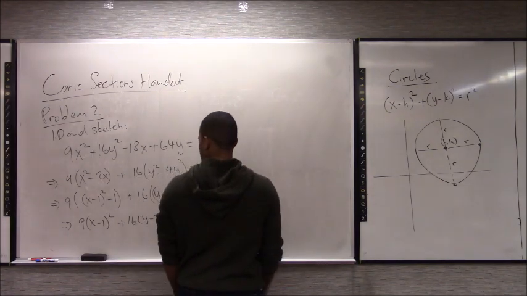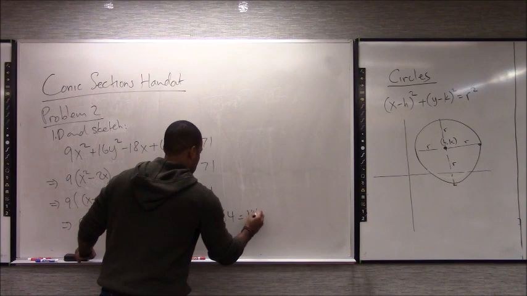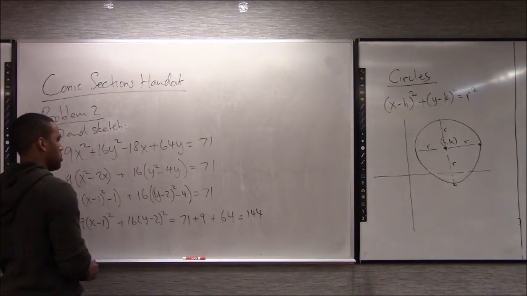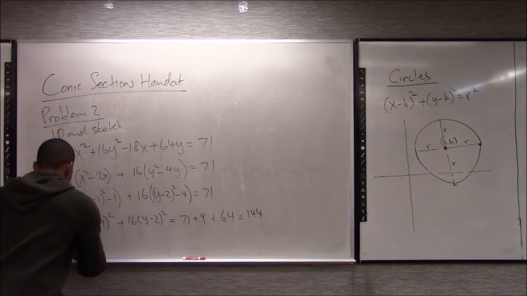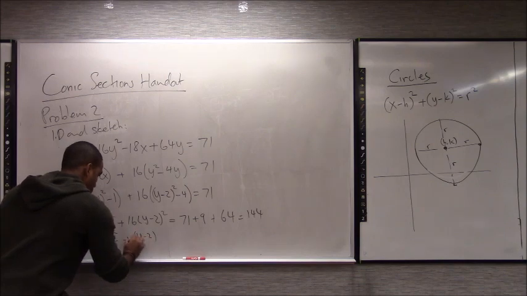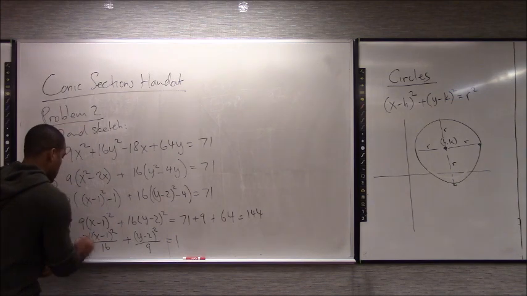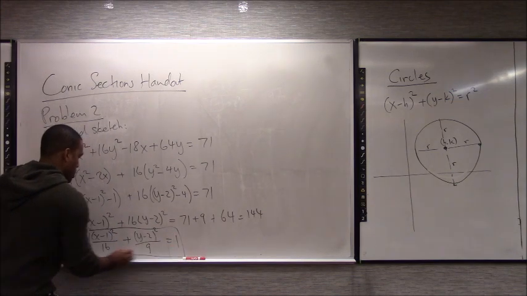Which was what? 144. Then you can divide by 144. That would be x minus 1 squared over 16, and then y plus 2 squared over 9 equals 1. So that's your equation here.